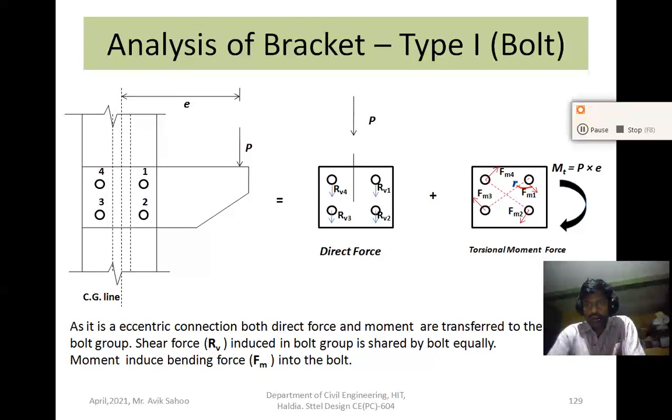You see that this Fm1 is induced, and this is a resistive force, because the applied force twists the connection. Now the resistive force developed by the bolts is equal to Mt.